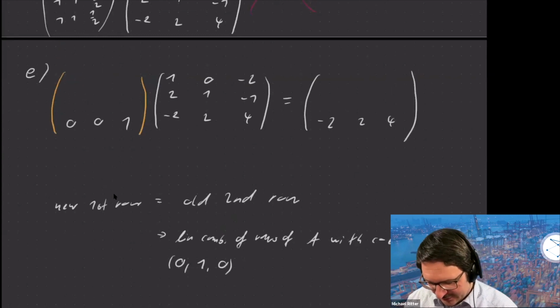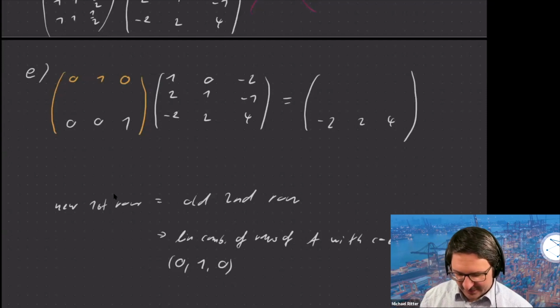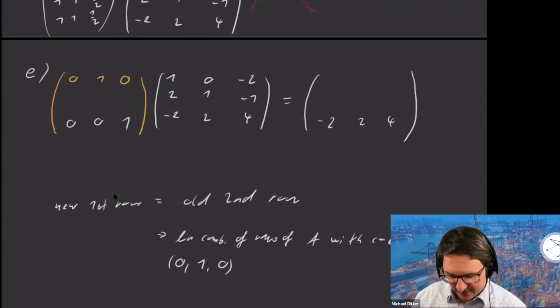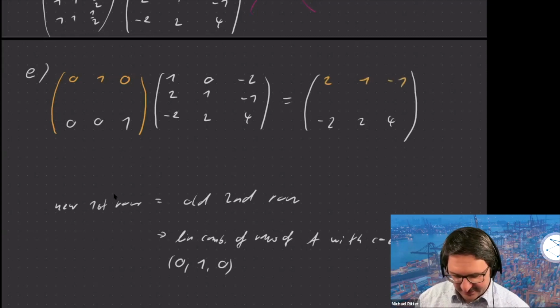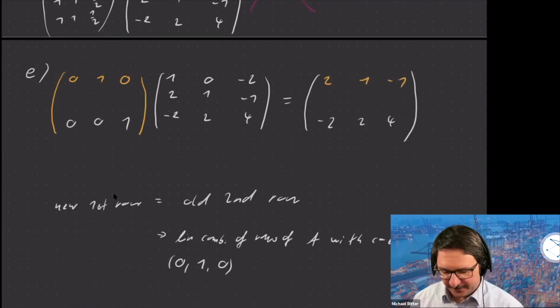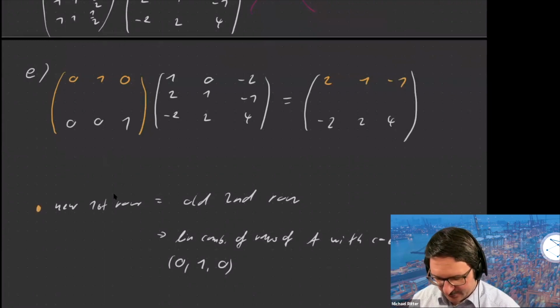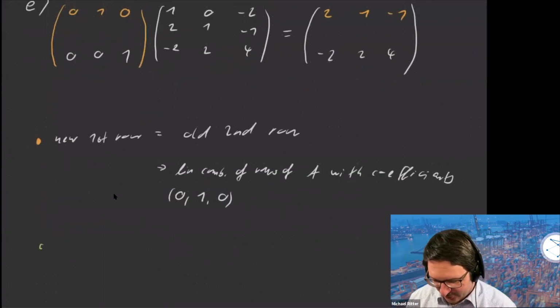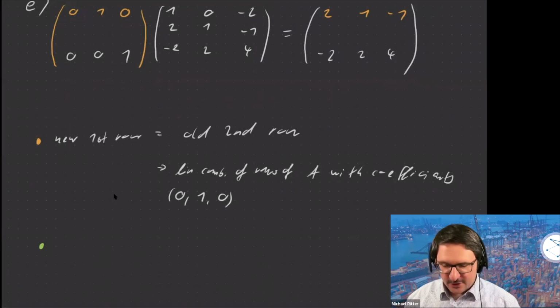So in other words, we put in 0, 1, 0 here. And that means we only take the second row into the new first row. So that yields exactly this exchange. Yeah, so it's this point here. And of course, we can make the same point for the new second row.